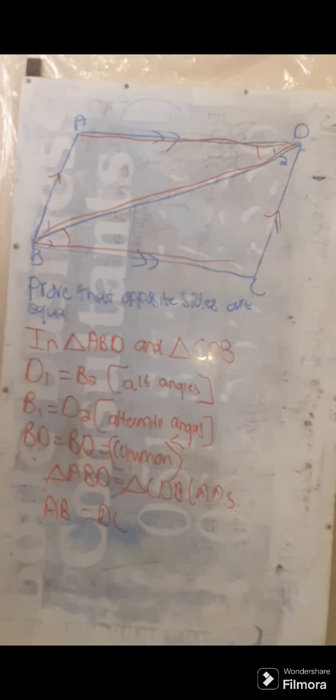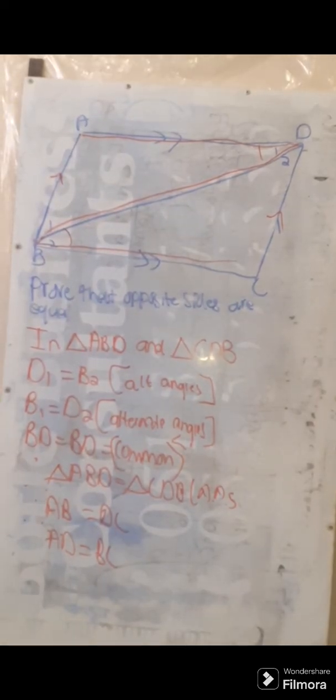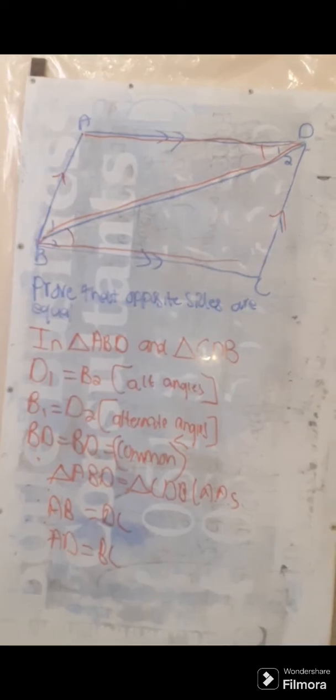DC is that line, and AD equals BC. So you have totally proven that opposite sides of a parallelogram are equal with those easy steps.